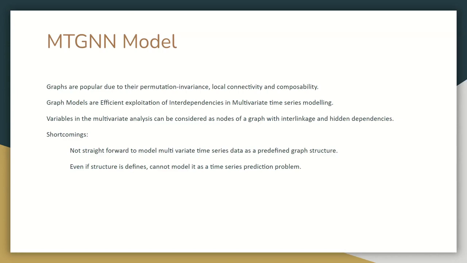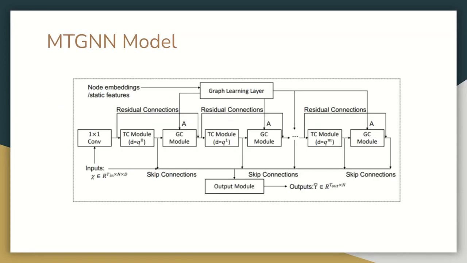So it is very hard to put your finger on one particular graph which will model it throughout all the timestamps. But even if you manage to do that, it is not very apparent how you will model it as a time series prediction problem, because usually GNNs deal with node prediction or edge prediction sort of tasks and not time series based tasks.